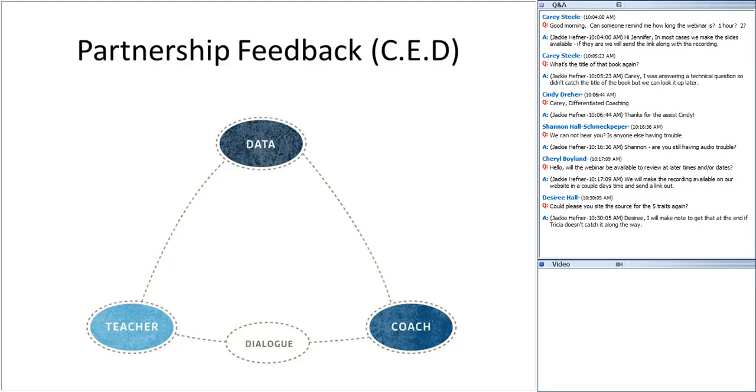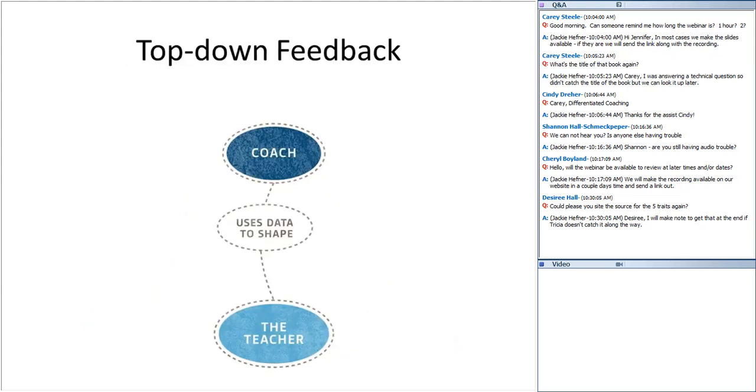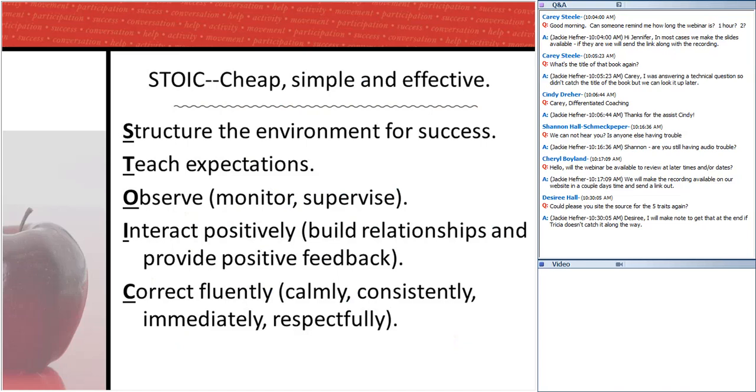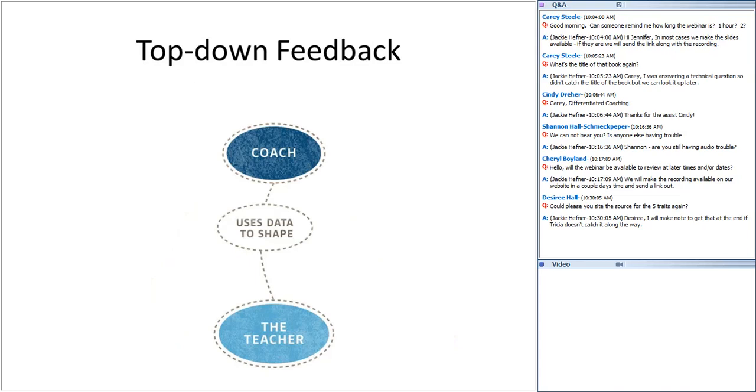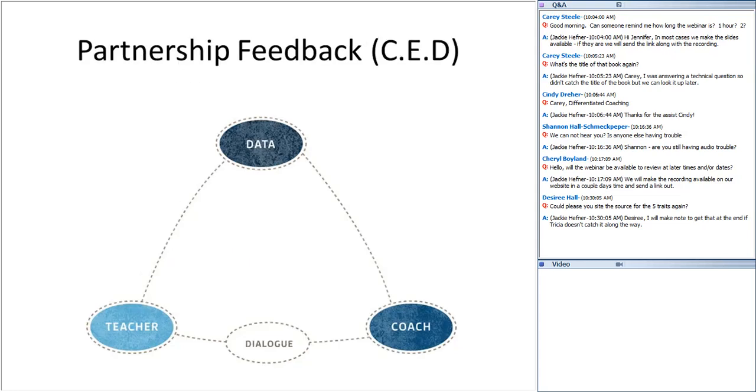And if they say a 6, I say, great. What would have made it a 7? And typically people will really start to brainstorm what their own interventions might be. And if we can use that STOIC framework, which many of you know and love, all the better. So now we're pulling interventions that the teachers have identified based on this dialogue.